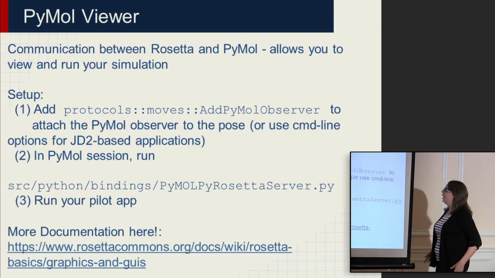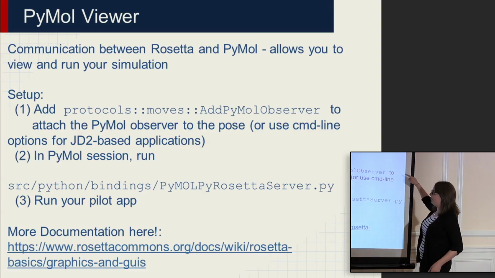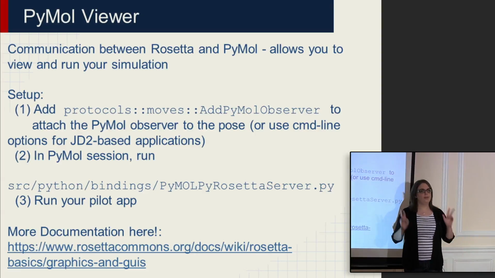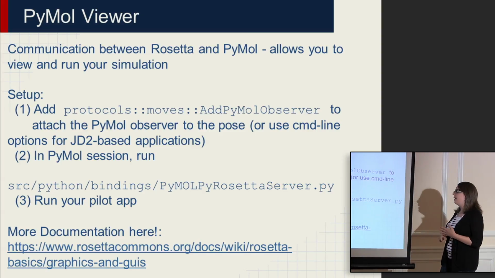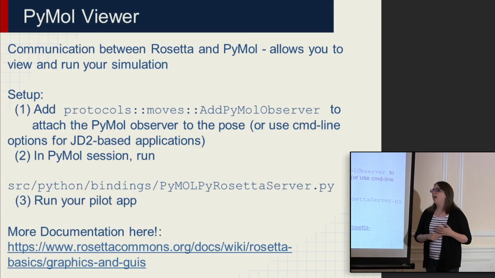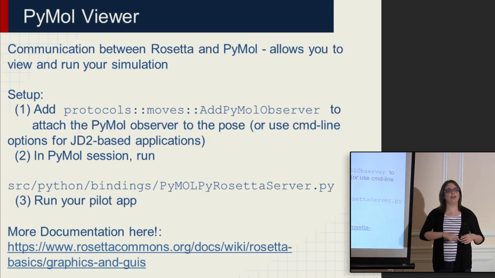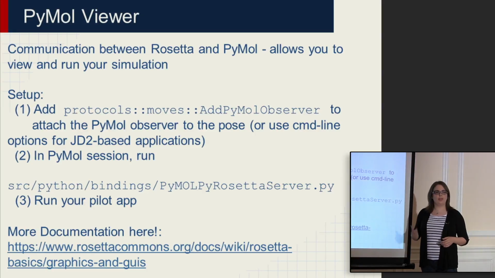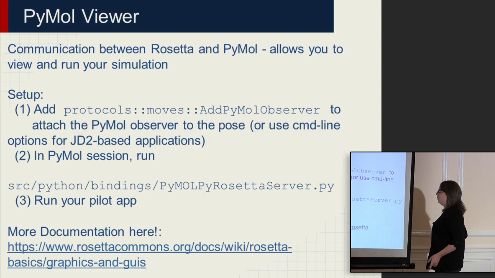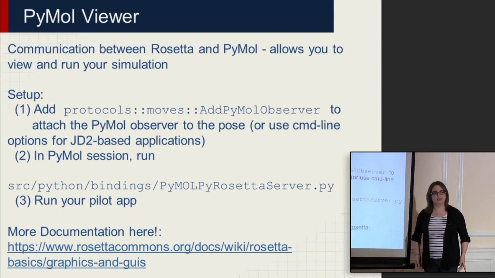So the way you'll do this in the lab is you'll use add PyMol Observer to add the PyMol Observer to your pose. And then in your PyMol session, you'll run the source Python bindings PyMol PyRosetta server. And then when you run your pilot app, as you update the structure it should show up in the PyMol viewer. You can read more about this; there's documentation for this on the wiki.